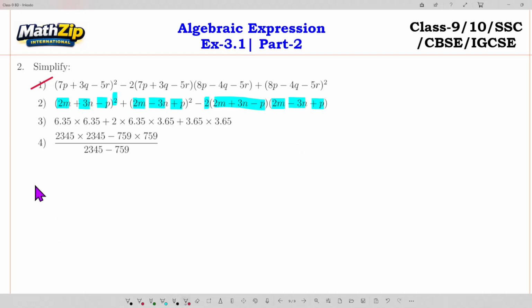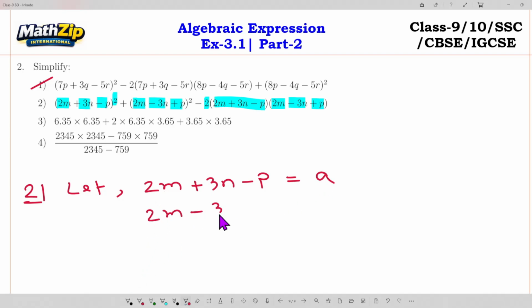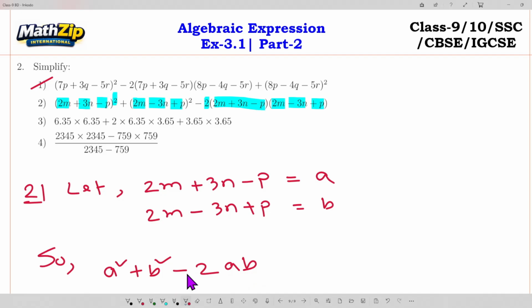So first let 2m + 3n − p equal a, and 2m − 3n + p equal b. So it's looking like a square plus b square minus 2ab, right?